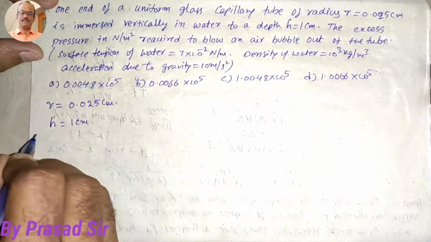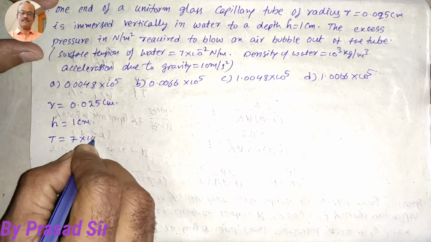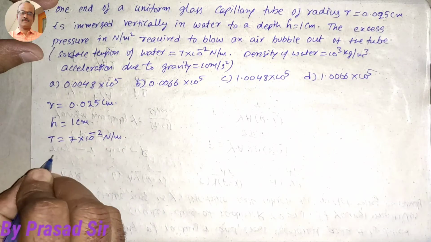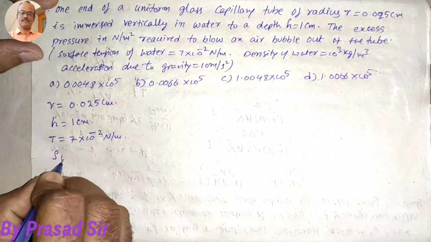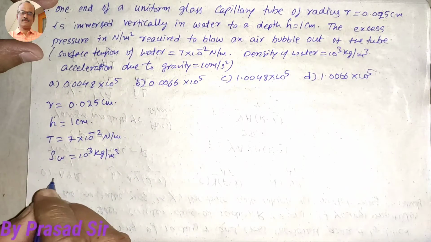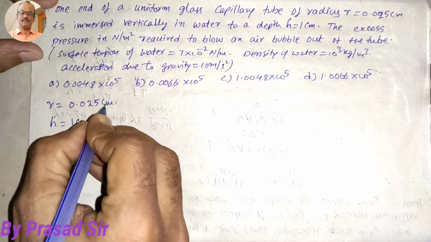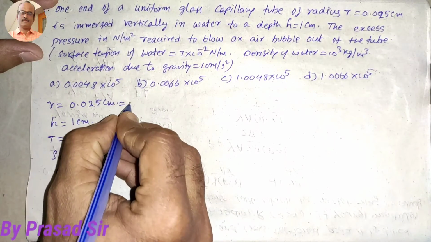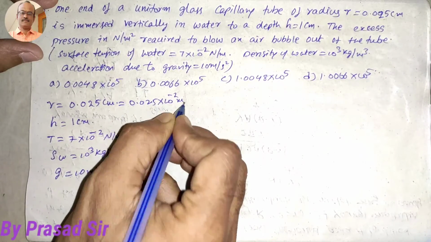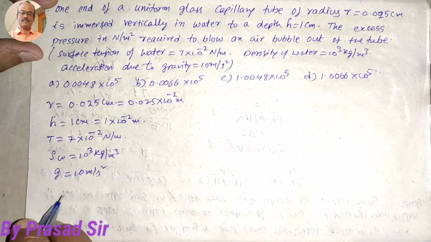Surface tension T is equal to 7 into 10 to the power of minus 2 Newton per meter, density of water is 10 to the power of 3 kilogram per meter cube, and acceleration due to gravity is 10 meters per second square. 0.025 centimeters means 0.025 into 10 to the power of minus 2 meters, and 1 centimeter is 1 into 10 to the power of minus 2 meters.